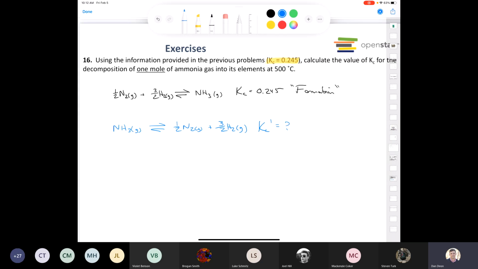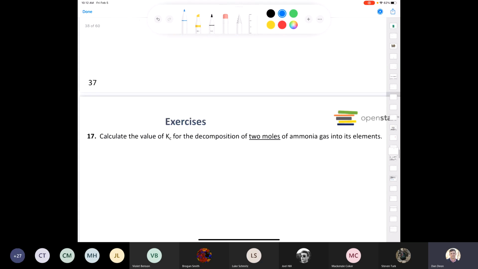It's going to be 1 over the original Kc. So Kc prime for the decomposition is 1 divided by 0.245, which equals 4.08. That's our new Kc. That was the first rule that we looked at. Okay, let's move on from there.